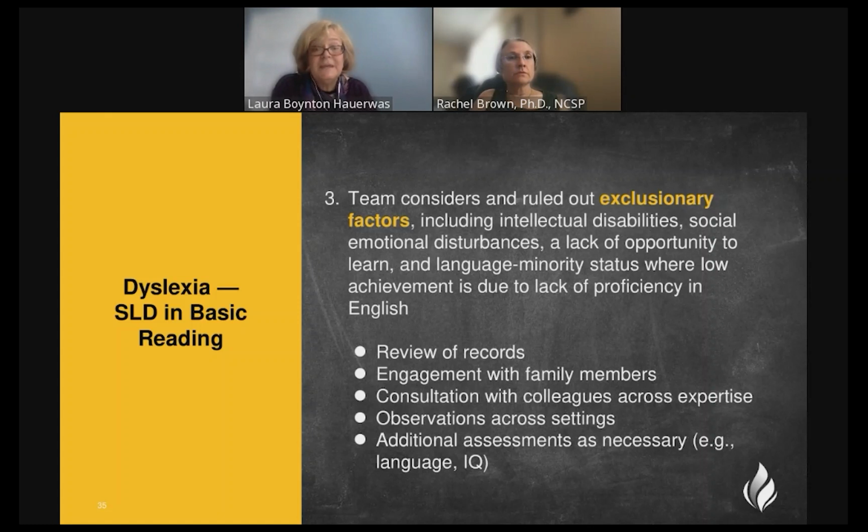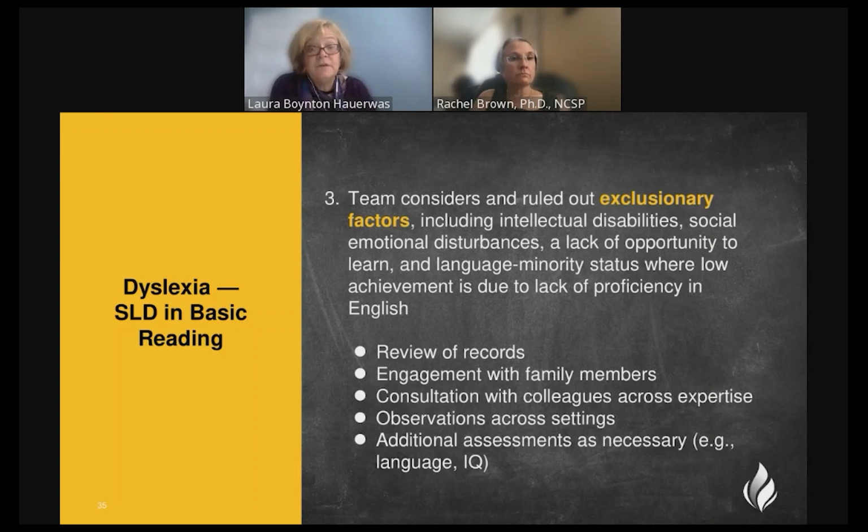We're going to engage with family members, very much a part of the team as we think about special education, children's growth, development. We're going to consult with our colleagues across expertise. Frequently, we might bring in a speech-language pathologist, talk to the reading specialist who's been providing the reading intervention, perhaps.